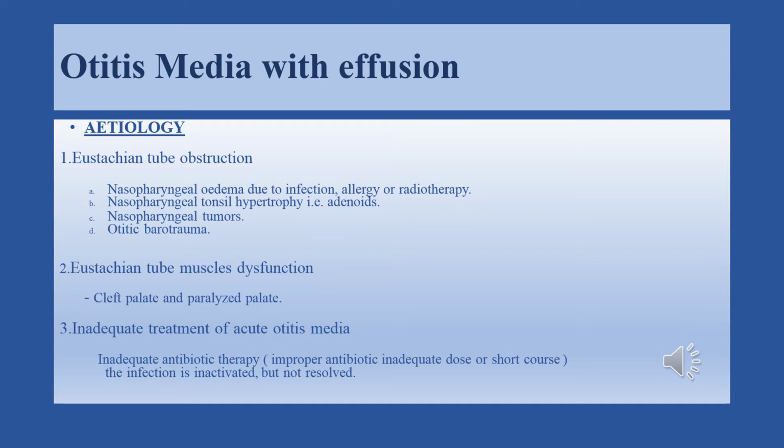Muscle dysfunction of the Eustachian tube can happen in cases of cleft palate or paralysis of the soft palate. Inadequate treatment of acute otitis media, in the form of low dose or short duration of antibiotic, does not cause complete recovery.